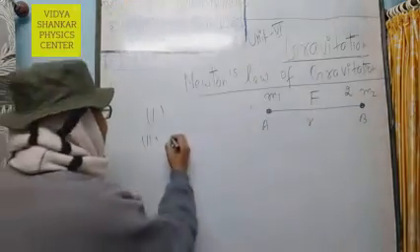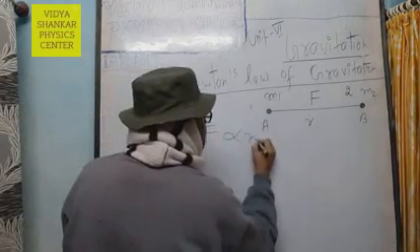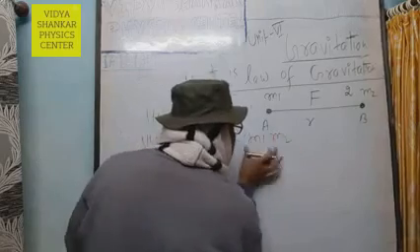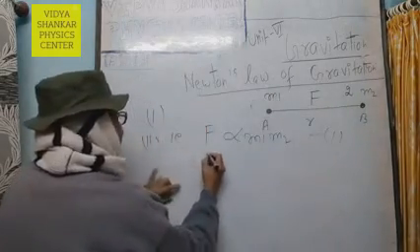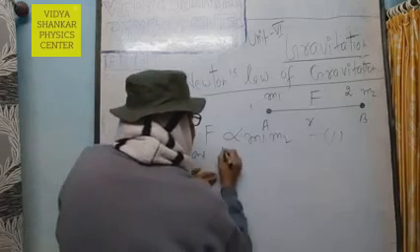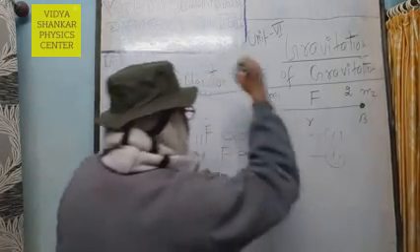That is, F is directly proportional to the product of their masses. Second, F is inversely proportional to R square.